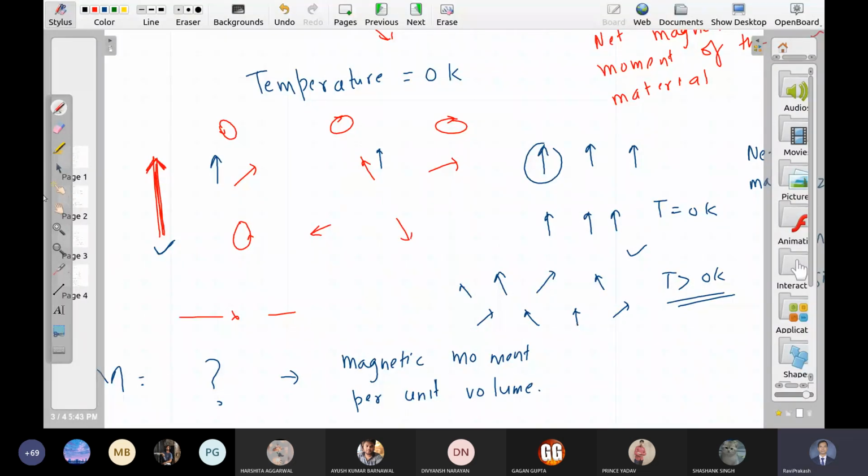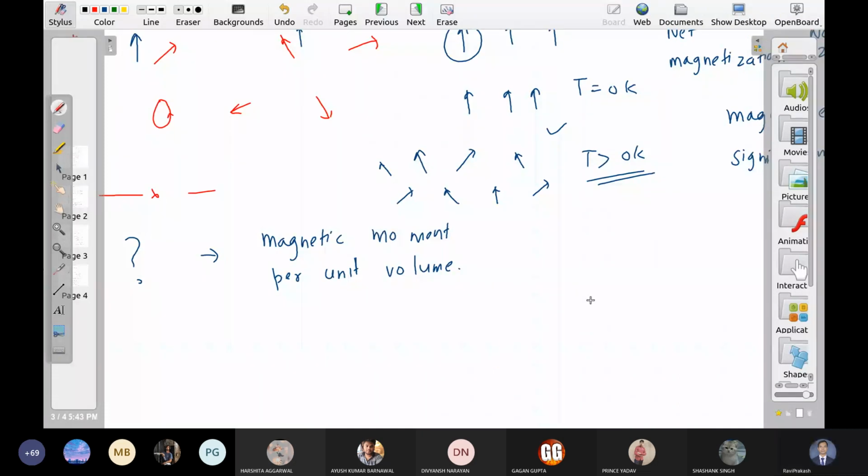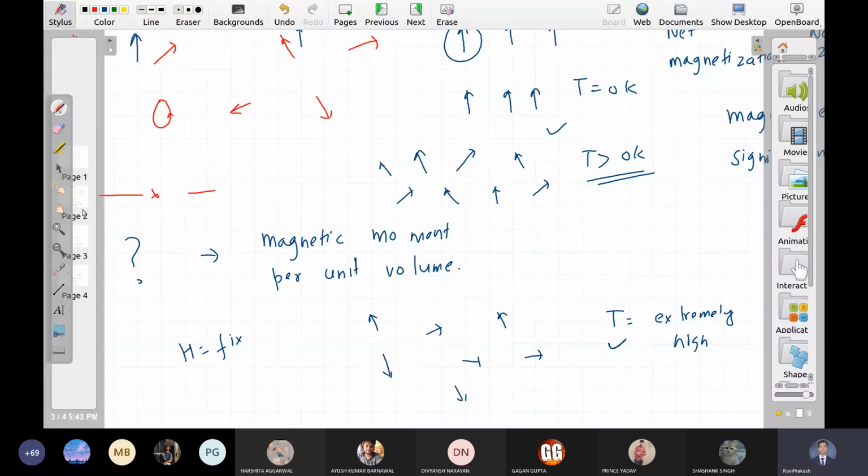If we keep on increasing the temperature, T extremely high, and let us say B is fixed, what will happen now? Obviously they will go towards the temperature side, so they will again get some random effect, means no paramagnetism.